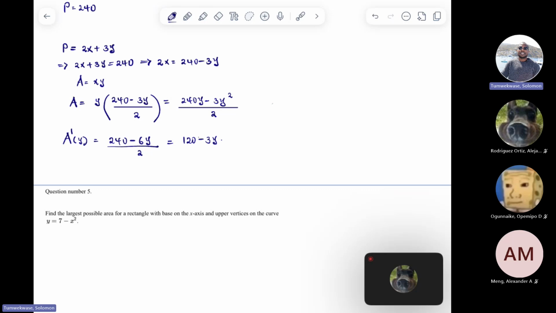Okay, now we want to find the critical points, so values of y where this derivative is 0. This implies 120 minus 3y is equal to 0, so my y is equal to 40.